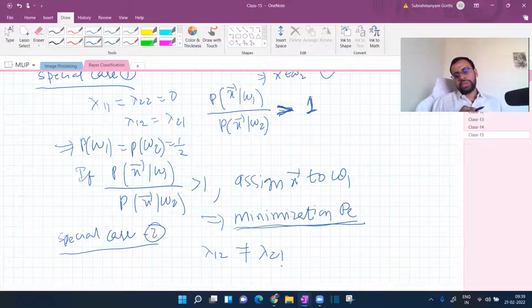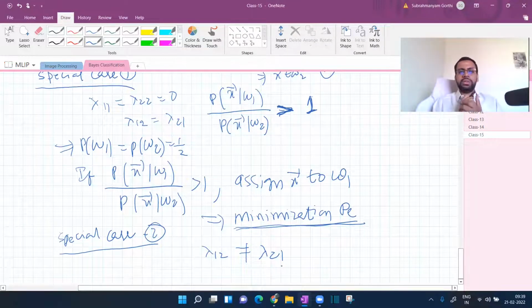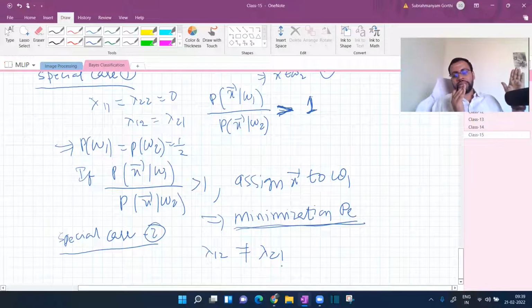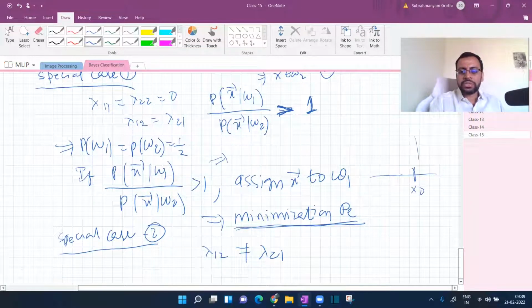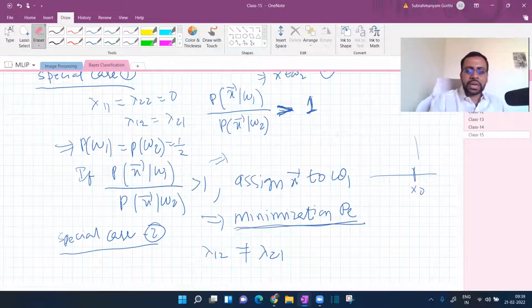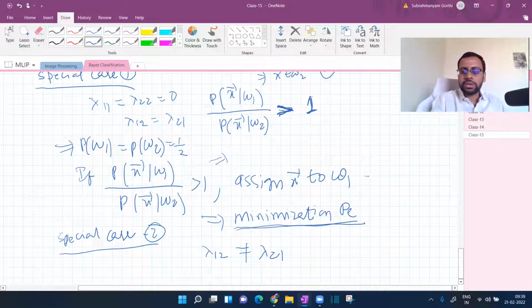So, if you look at the boundary below which I would assign to one class and the other class from this expression, it should have been already clear that it is at x naught, right? Maybe I'll just draw it somewhat better than what I have drawn here.